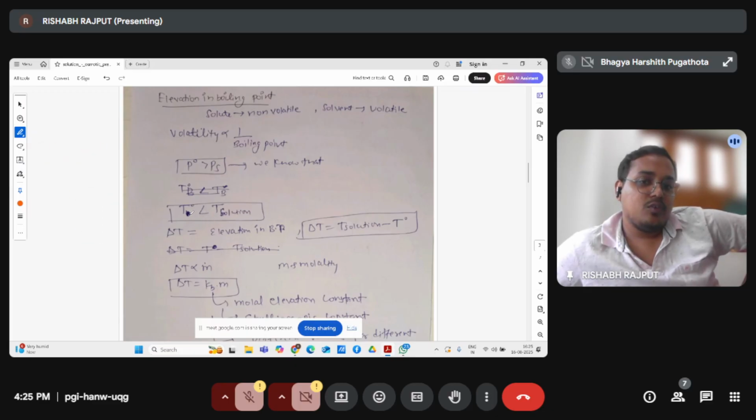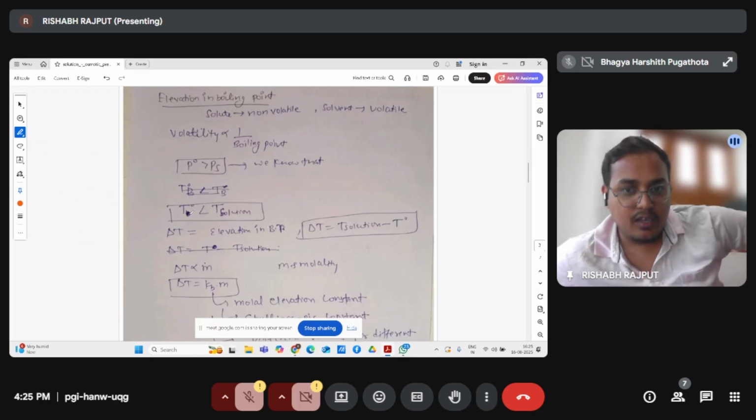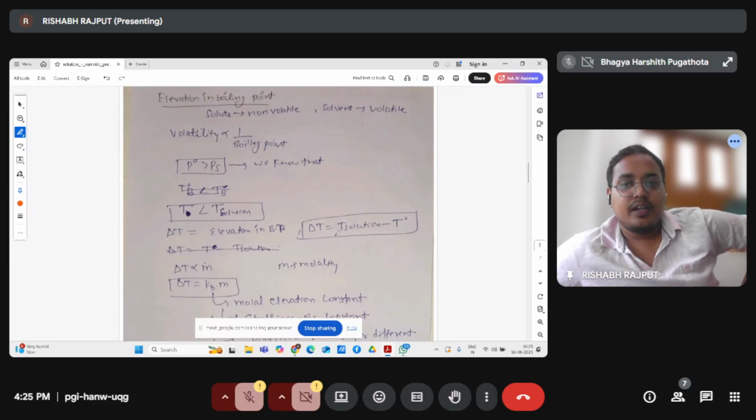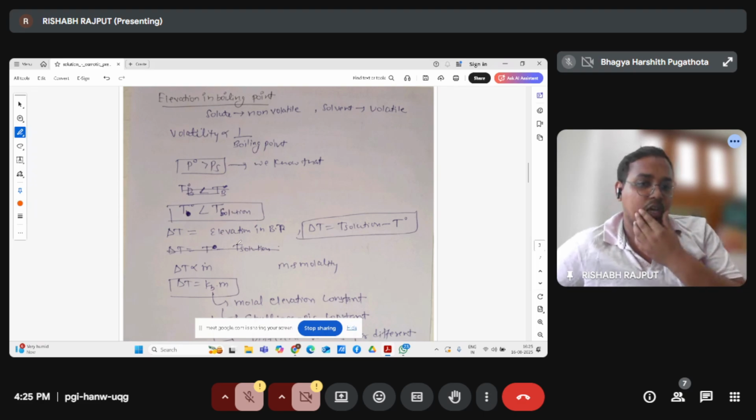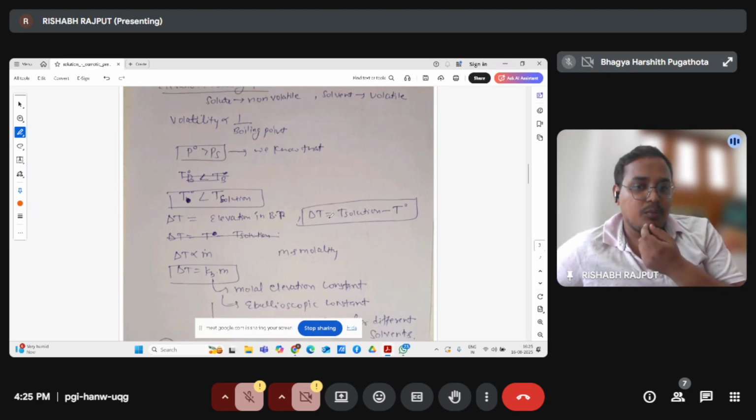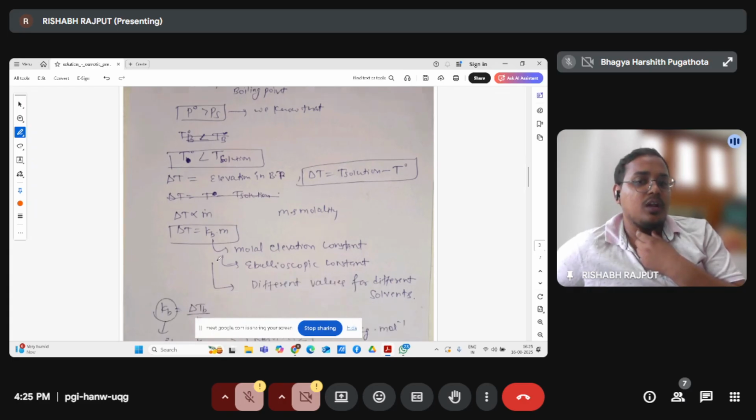If you subtract the temperature of the pure solvent from the temperature of the solution, you will get delta T, and delta T we call elevation in boiling point. This delta T is directly proportional to molality.